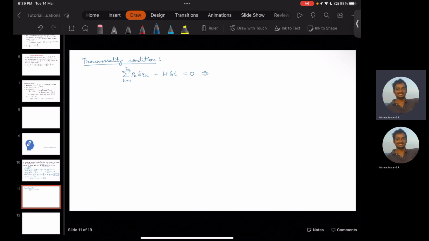We can just expand it: p1 delta q1 plus p2 delta q2 minus h delta t is equal to 0.